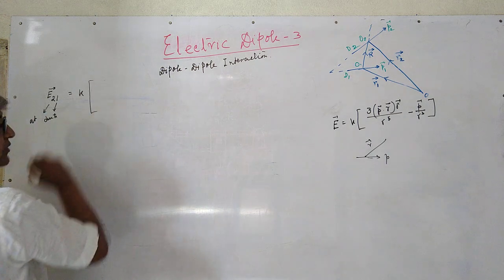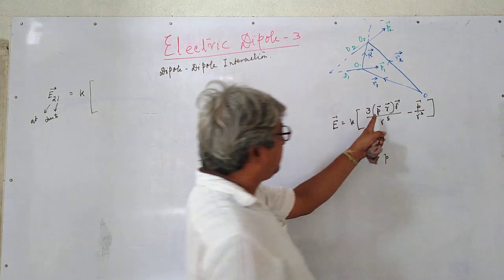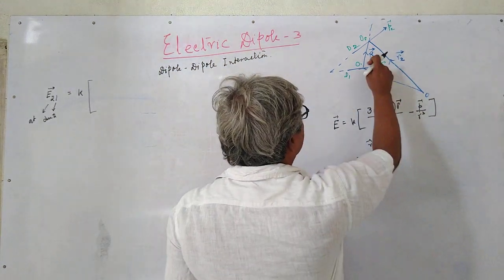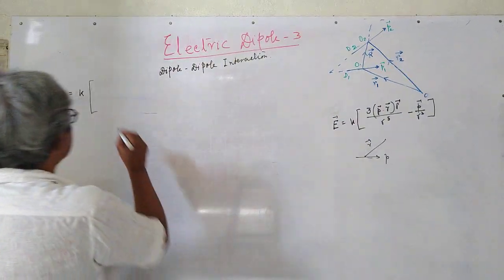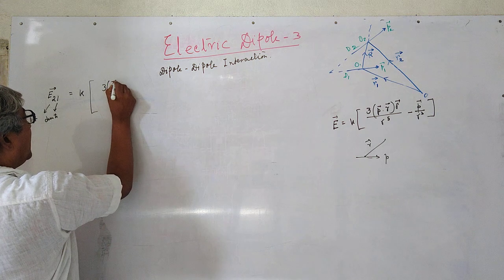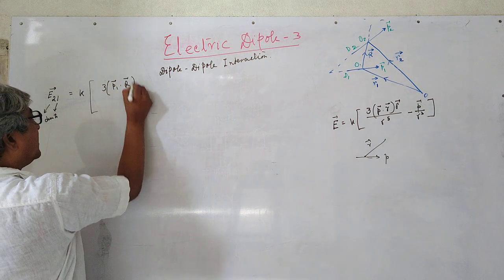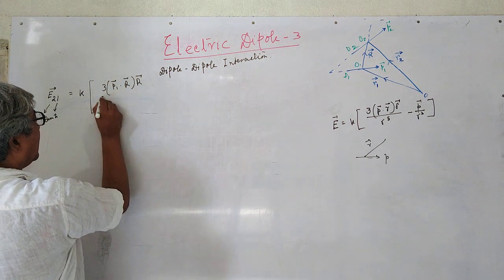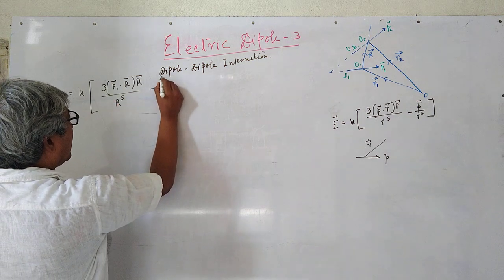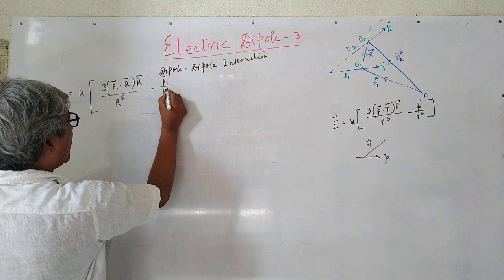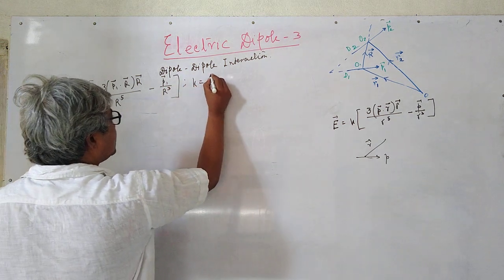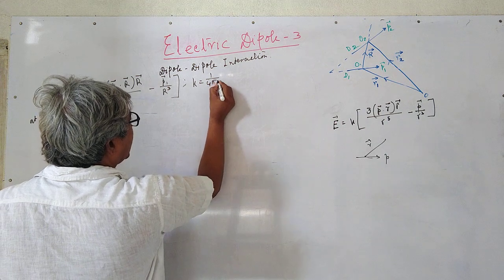It is the field of dipole 1, so here it will be P1, and small r will be replaced by capital R. So this is 3 P1 dot R, and K is as usual the SI factor.